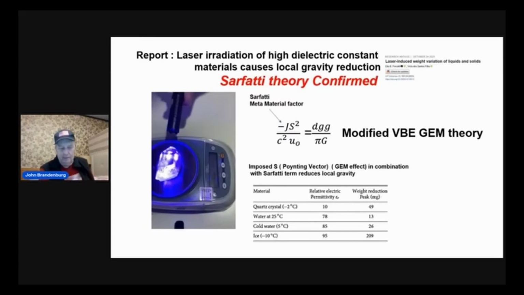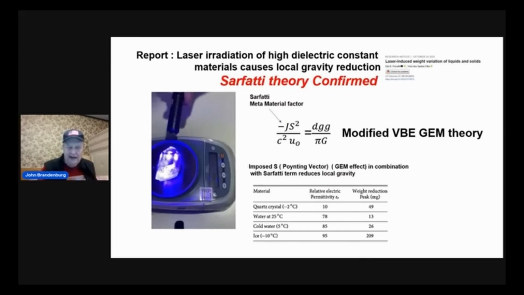Now, people have been putting glasses of water, blocks of ice, and quartz crystals on top of sensitive scales, like the one I used for the GEM experiment. So now we are dealing with highly active materials electromagnetically. Quartz, water, both have very high dielectric constants.